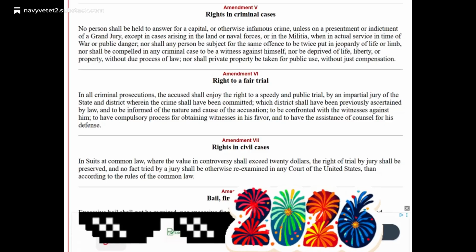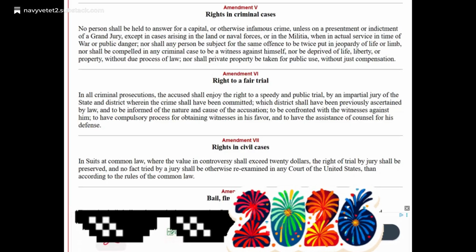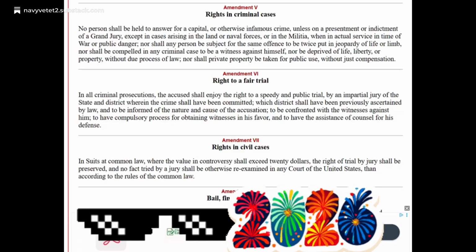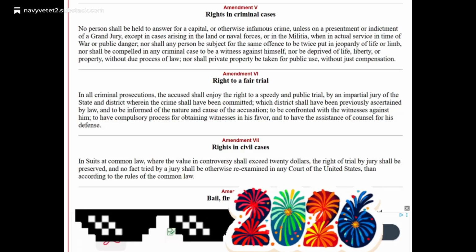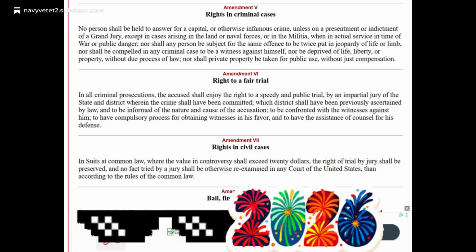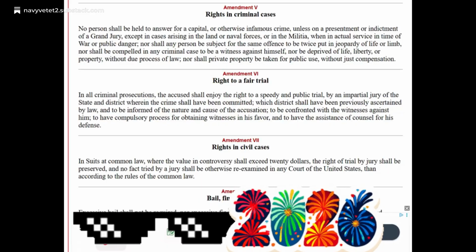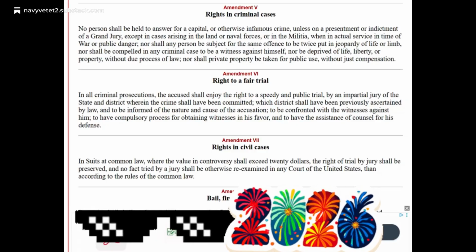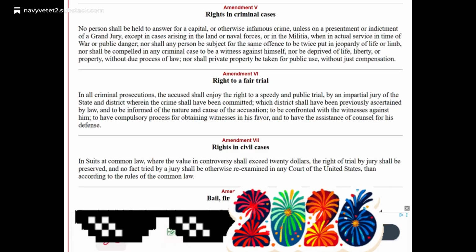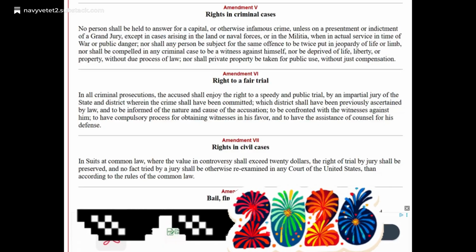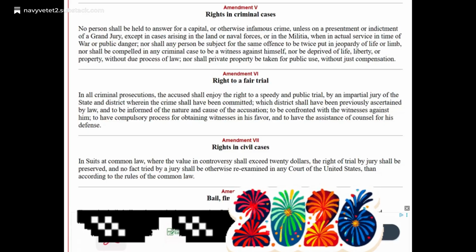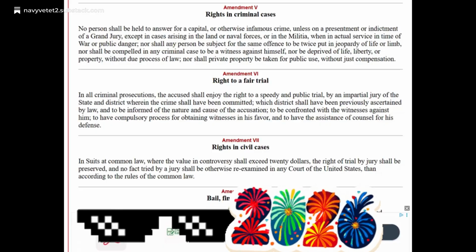Reflecting the long-standing tradition of English common law, as well as the American perception that the British had violated those traditions in the years leading up to the American Revolution, the Fifth Amendment requires that people charged with capital crimes, i.e., serious crimes that fall under the jurisdiction of the federal courts, be first presented before a grand jury, a group of ordinary citizens drawn from the general population.